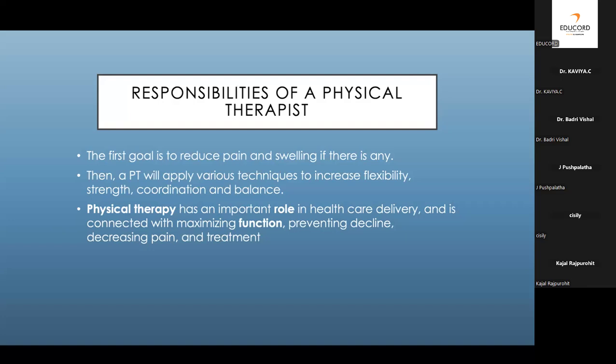Preventing the decline: we should not let the condition of the patient deteriorate. Decreasing the pain and treating the swelling if it is present. Is that clear to everyone? Yes.